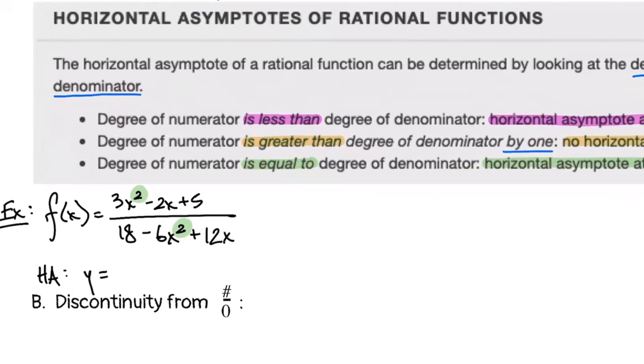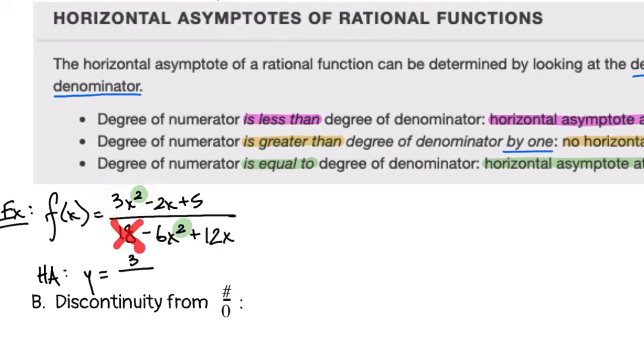What is the leading coefficient of the numerator? Three, okay. What is the leading coefficient of the denominator? -6, okay. So the 3 is the coefficient for 3x squared.